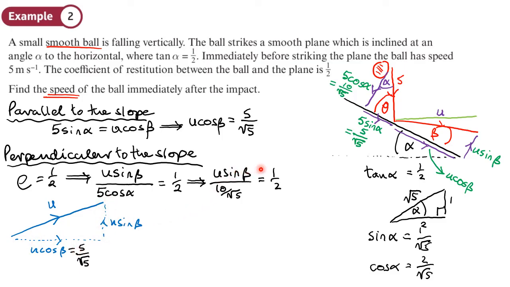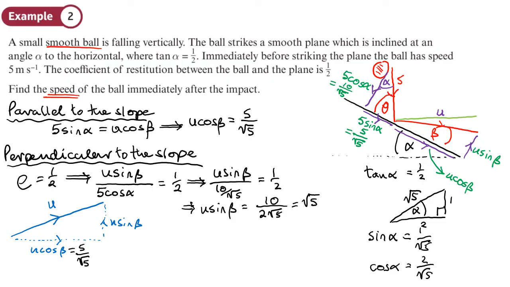So if I cross multiply and divide both sides by 2, that will give me u sine beta equals 10 over 2 root 5, and if we simplify that, that simplifies to root 5.